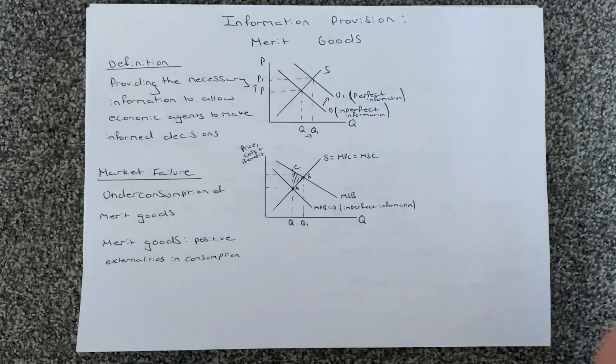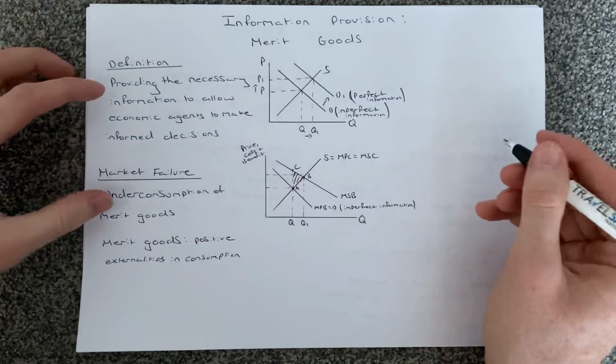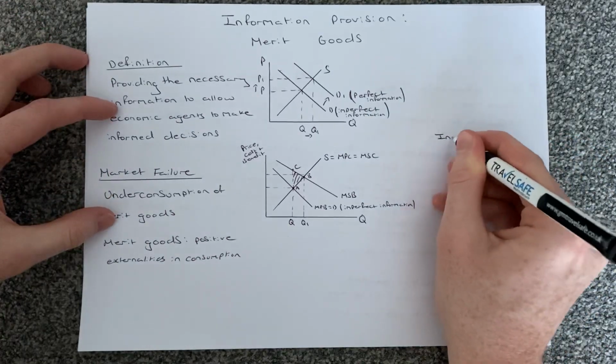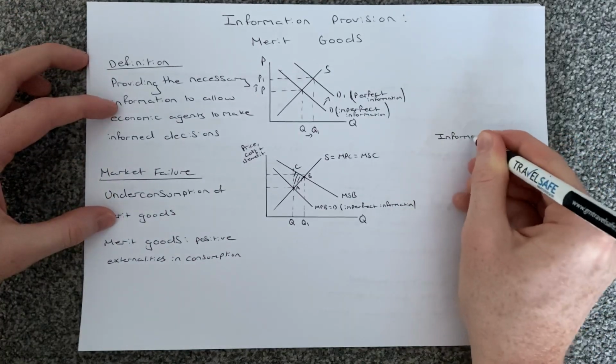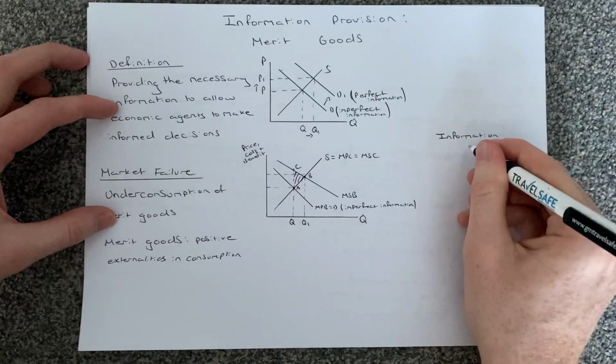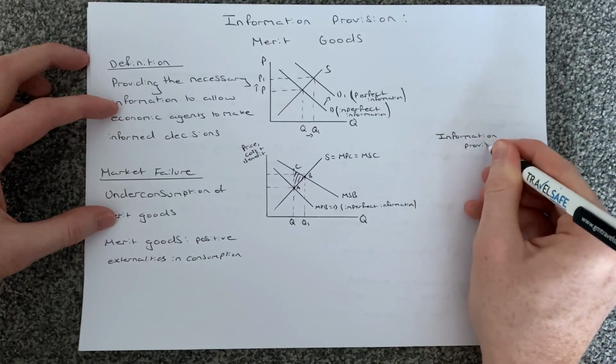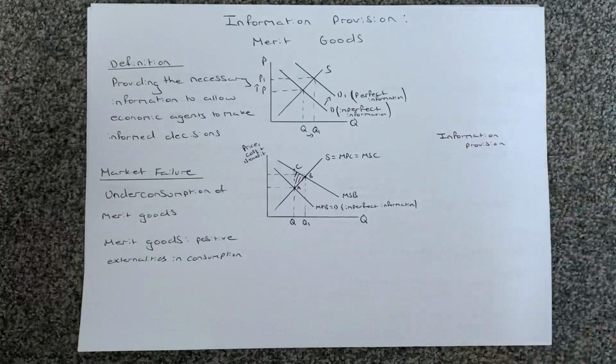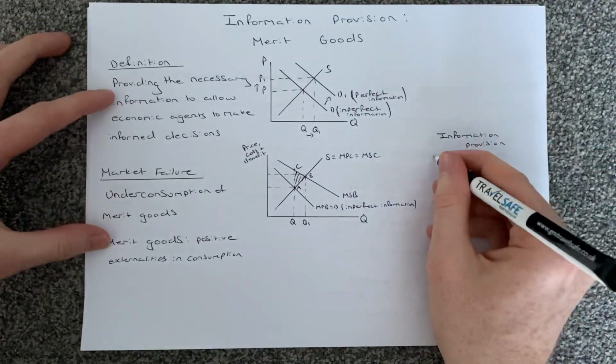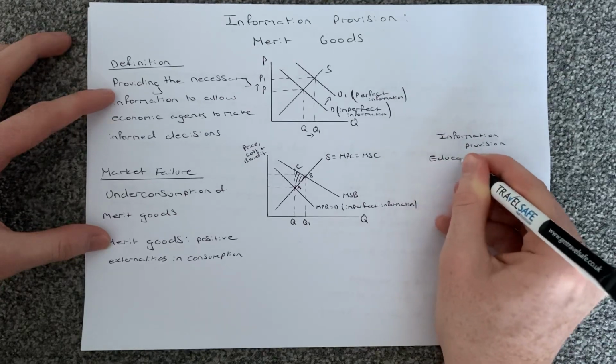So let's explain how information provision corrects this market failure. So information provision occurs. So the government may directly release some information about a particular good. What does that do? Well, that should educate consumers.